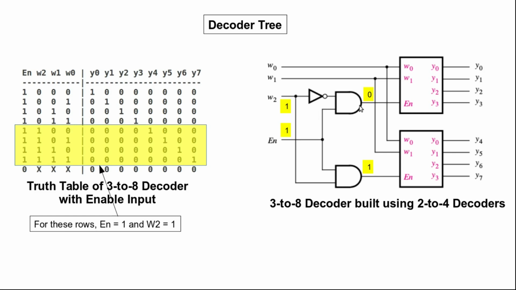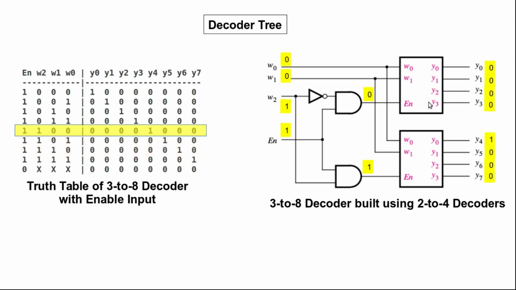Since the output of the first AND gate is equal to 0, it means the enable input of the first 2 to 4 decoder will be 0, and hence all the 4 outputs of the first 2 to 4 decoder will be equal to 0.